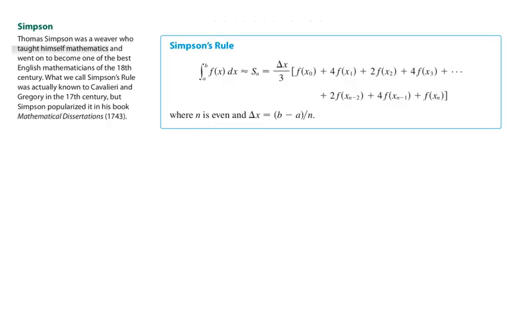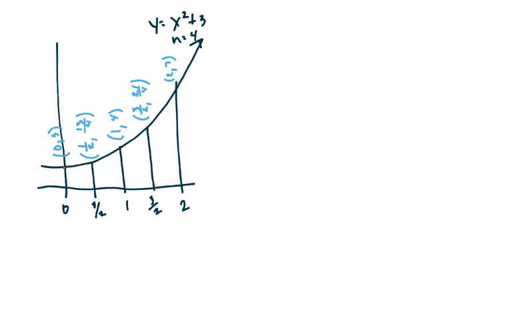Here you can see Simpson's rule, and it's the pattern we just talked about where n is even, and delta x is b minus a divided by n. So let's go back to that parabola we talked about in the first half of this lesson. N equals 4, so we're following the rules.